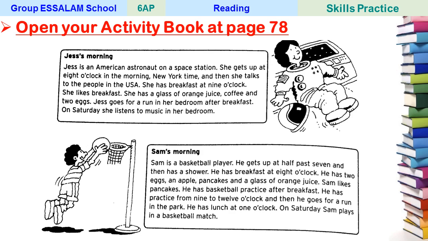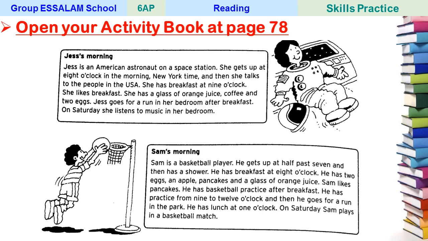Sam's morning. Sam is a basketball player. He gets up at 7:30 and then has a shower. He has breakfast at 8 o'clock. He has 2 eggs, an apple, pancakes, and a glass of orange juice.